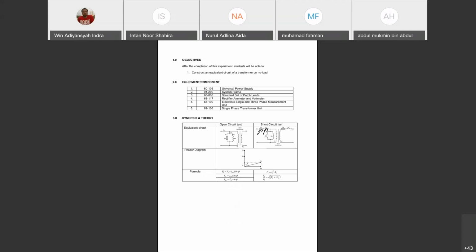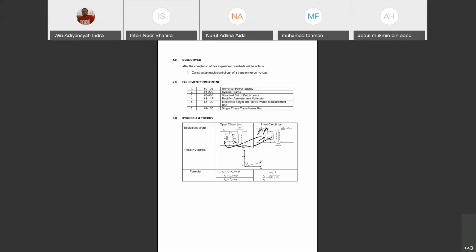X1, put the number, how many ohms. RC is equal to the RC in here. XM is also equal to the XM in here. Yeah, that's all.